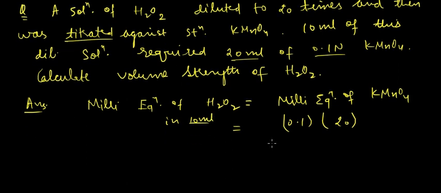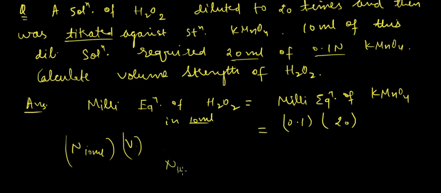Okay, so this is nothing but, in 10 ml it would be... we can calculate the normality in 10 ml. Normality of 10 ml multiplied with the volume of solution in 10 ml would be the volume of H2O2 used in the titration, which is 10 ml.